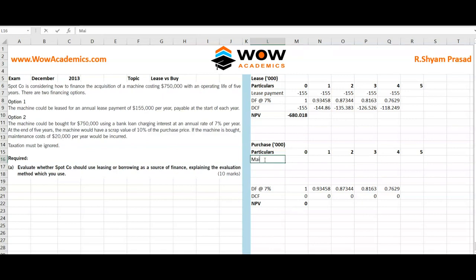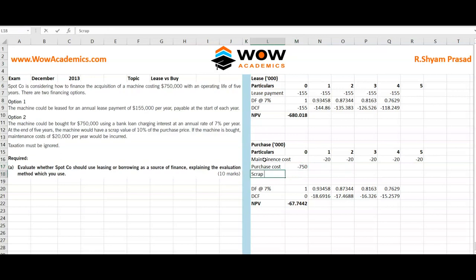We'll start with the maintenance cost. Maintenance cost is a negative number. It comes to 20,000, so we'll have it as 20. Copy and paste it across all the 5 years. We have the purchase cost. Purchase cost is in the 0th year, so that comes to 7,50,000. And there's also a scrap value.